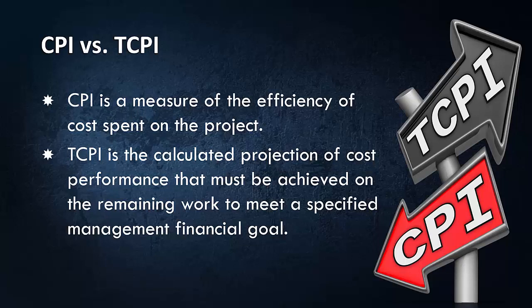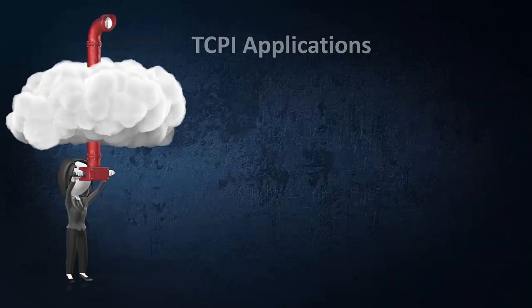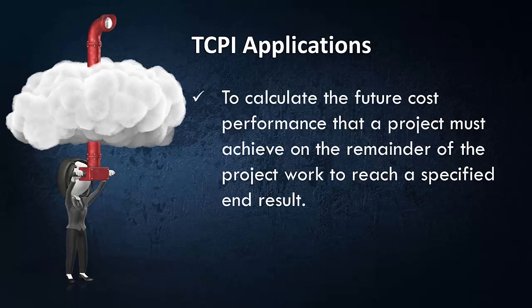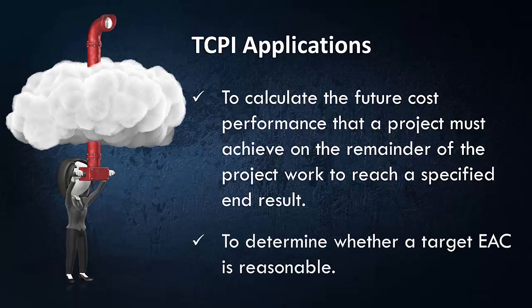TCPI can be used for two main purposes. One is to calculate the future cost performance that a project must achieve on the remainder of the project work to reach a specified end result. And another is to determine whether a target, forecast, or estimate at completion is reasonable. These are the two primary applications of the To Complete Performance Index.